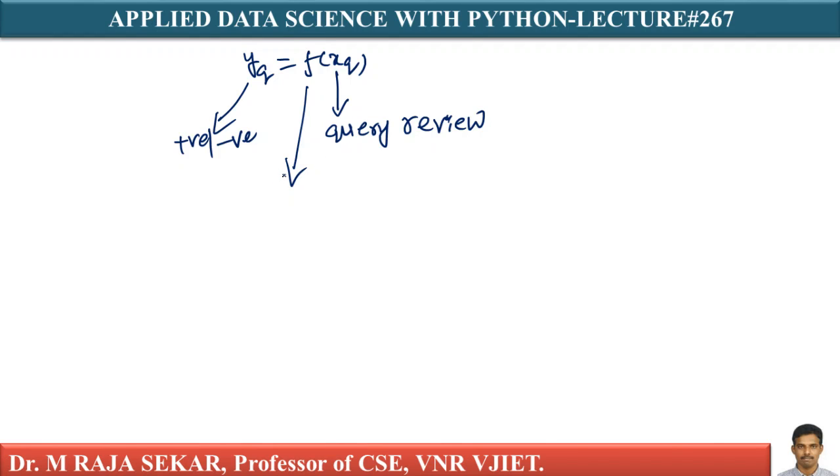In most problems of machine learning, not all, there are problems which are not exactly this, but classification is all about your yq taking a few classes. In this context, it takes two classes: one is the positive class and another one is the negative class.